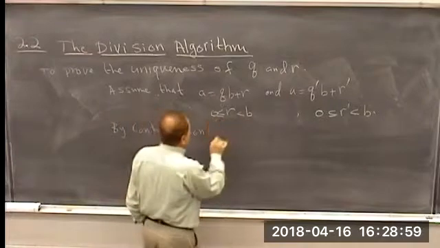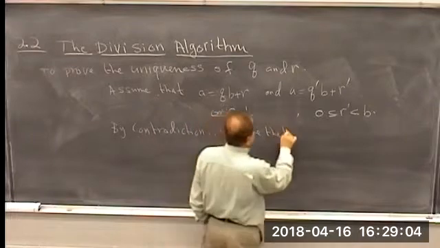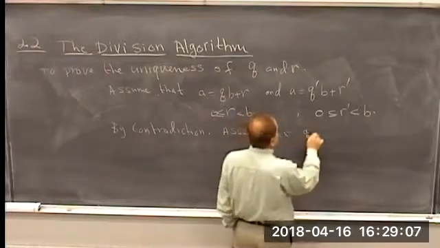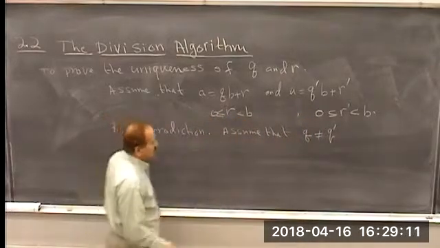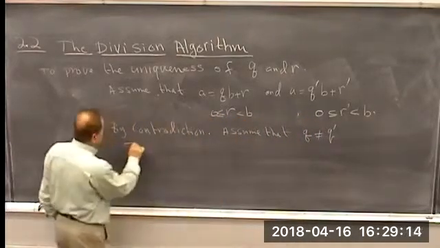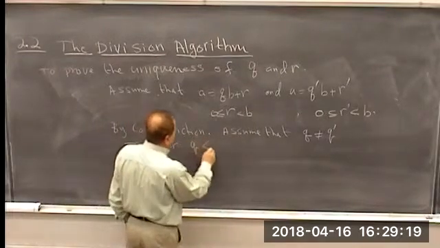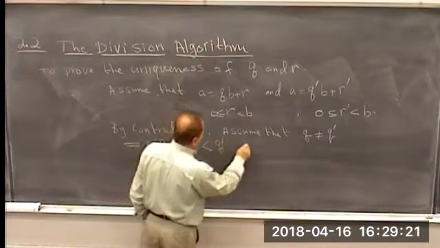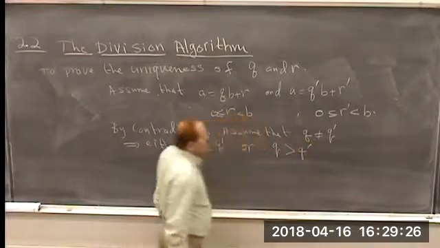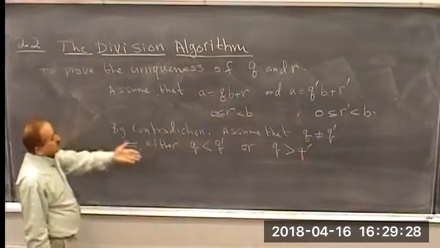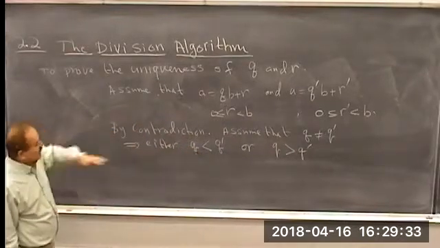Assume that Q does not equal Q prime. So this implies either Q is smaller than Q prime, or Q is bigger than Q prime. Because of the symmetry of the argument, we're going to take one of these cases and see that it would lead to a contradiction.